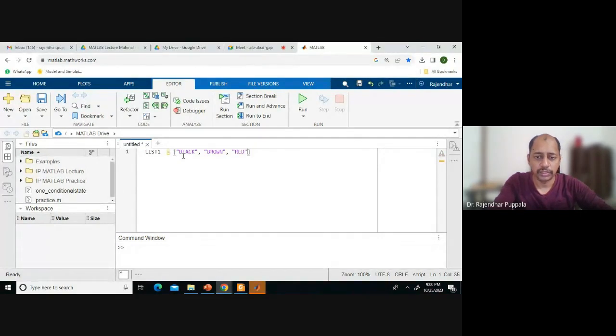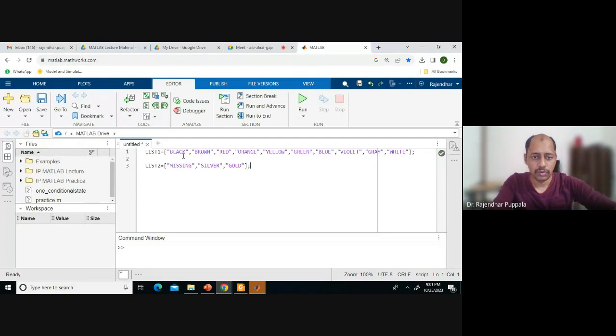I'm just copying this. See here, black, brown, red, orange, yellow, green, blue, violet, gray, and white. So this is list one. This is list two, missing silver and gold, right?